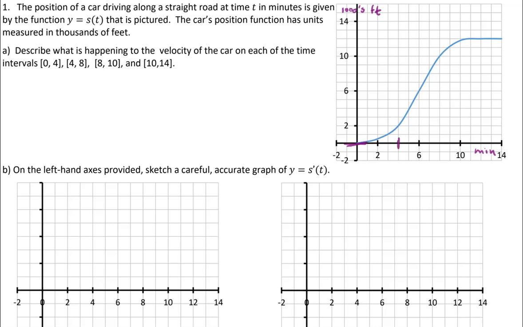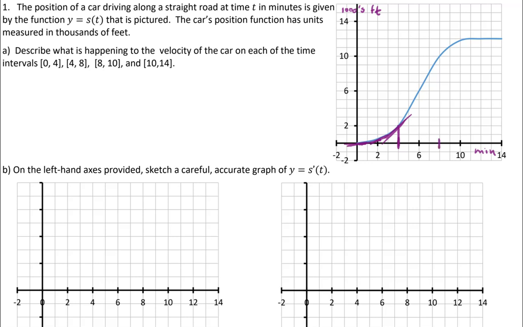As we head through that first interval from 0 to 4, the tangent lines are just gradually getting a little bit steeper, not a lot steeper, a little bit steeper. So over the first 4 minutes, the velocity of the car is slowly increasing. The car is going faster.